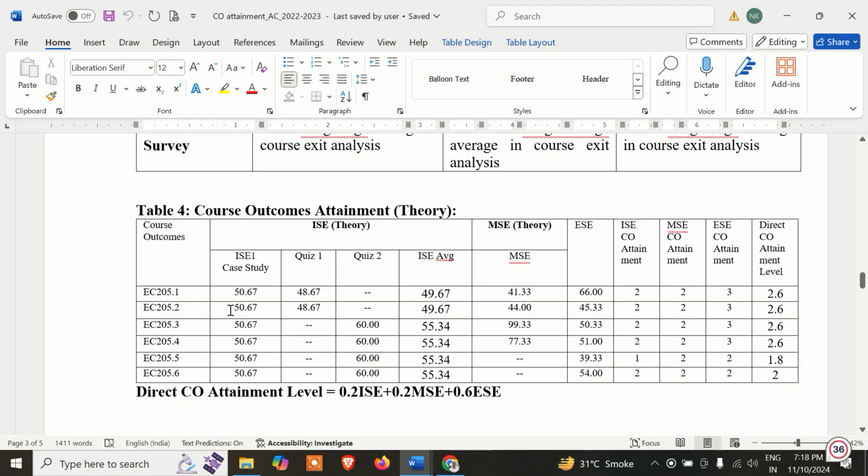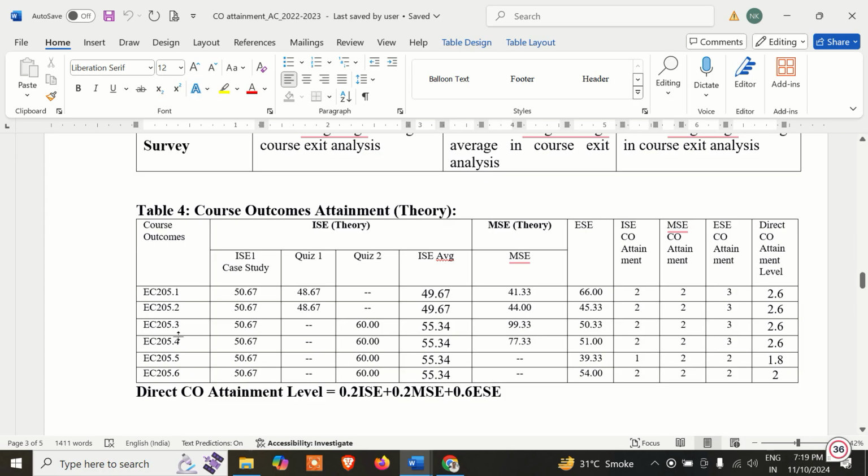Other evaluation systems might not assess all the course outcomes. Particularly for a quiz, maybe the first two course outcomes are assessed, and some other quiz covers other course outcomes. Finally, find the average of these three ISC components in which you assessed that particular course outcome. That gives you the ISC average.